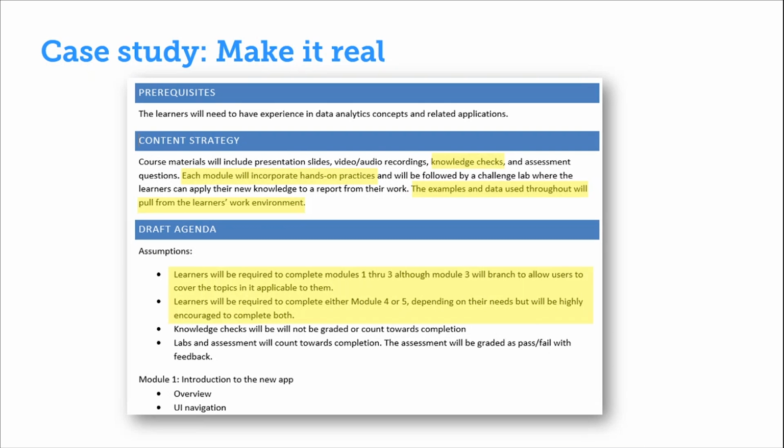We'll present the content more than one way by using slides, videos, and recordings. In addition, the knowledge checks will provide immediate feedback on right and wrong answers, but will not be graded or count towards completion. Makes it a little more relaxed for the user.